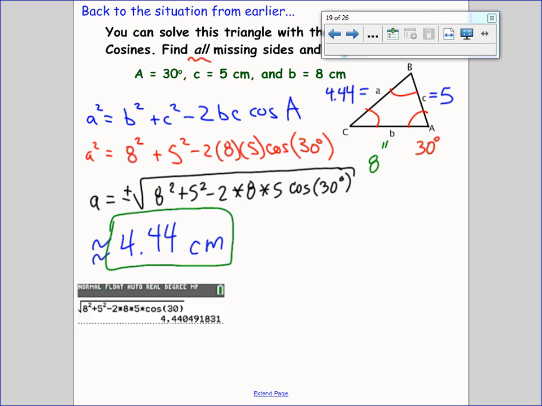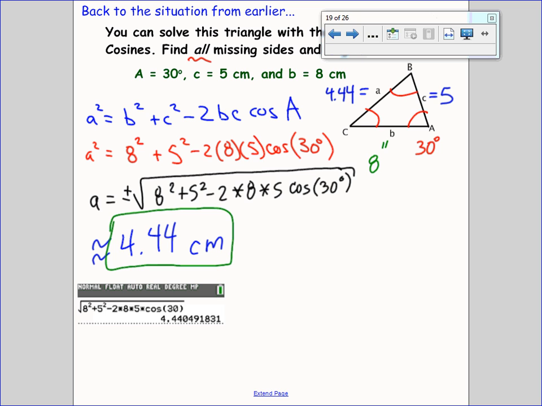So I'm going to set up an equation that will allow us to find our missing angles. It looks to me like I could use law of sines. Now that I have a complete opposite side angle pairing, I know both A's. So I'm going to set up a law of sines equation where one of my fractions is my side length A and sine of angle A information.